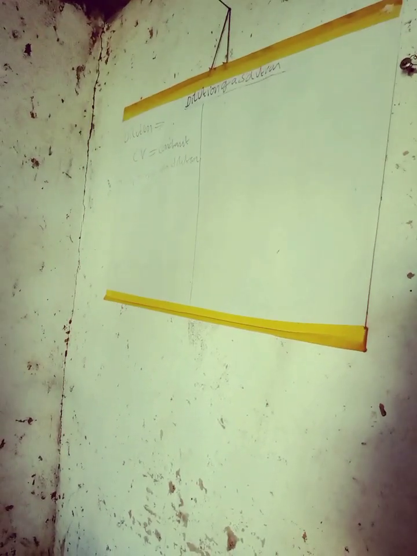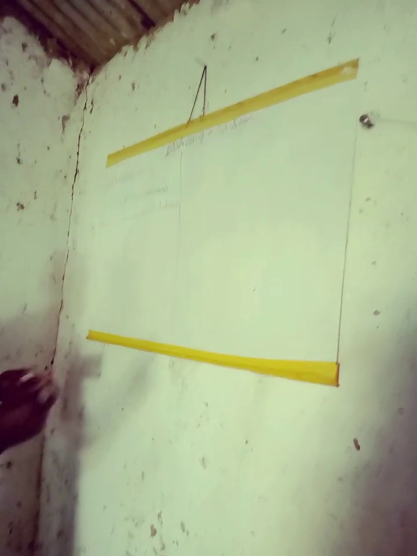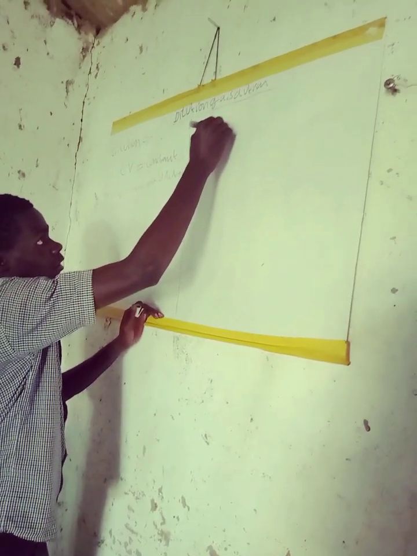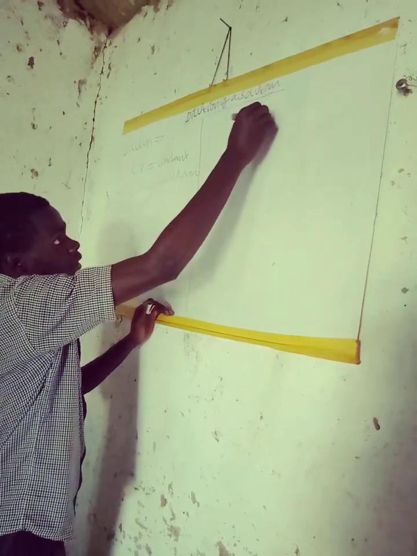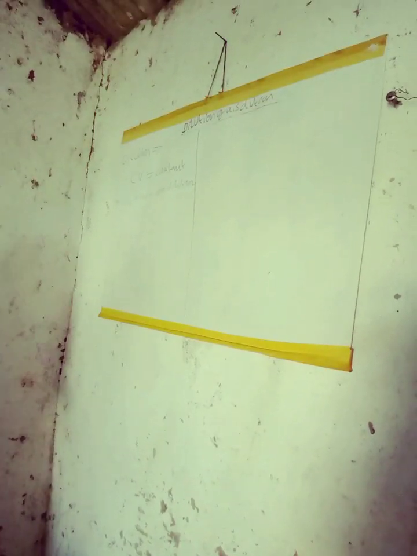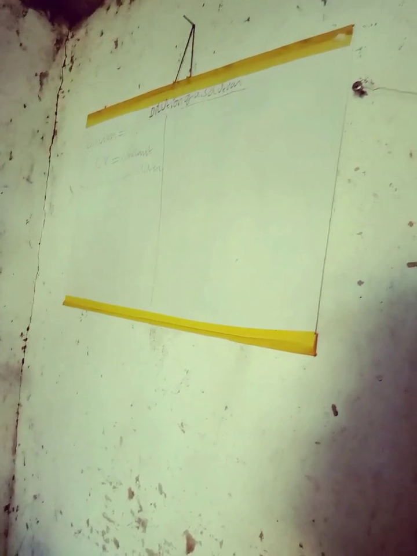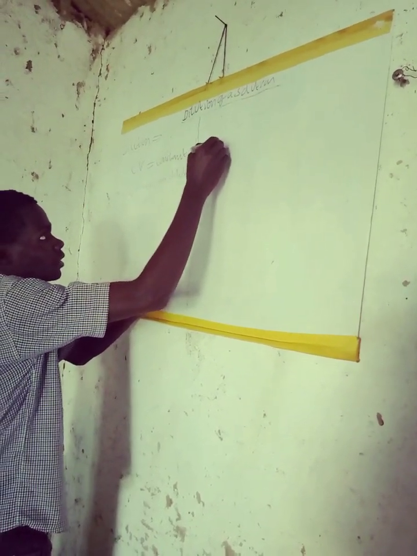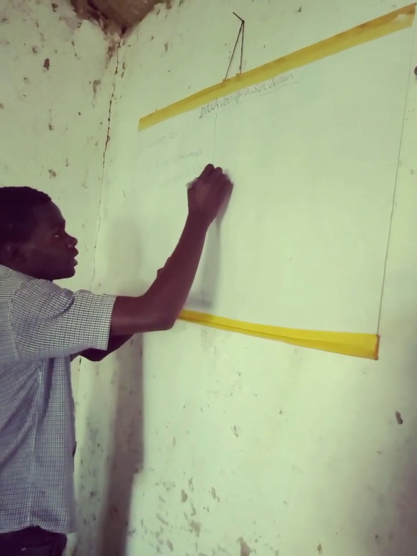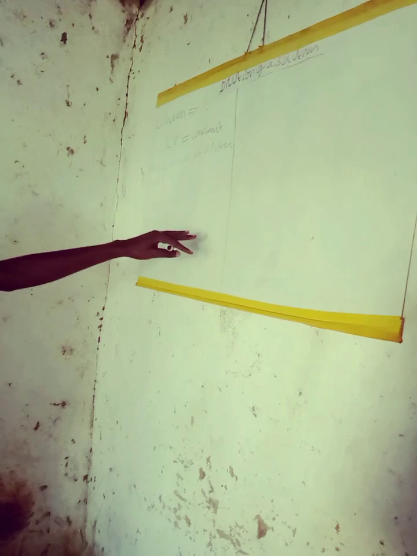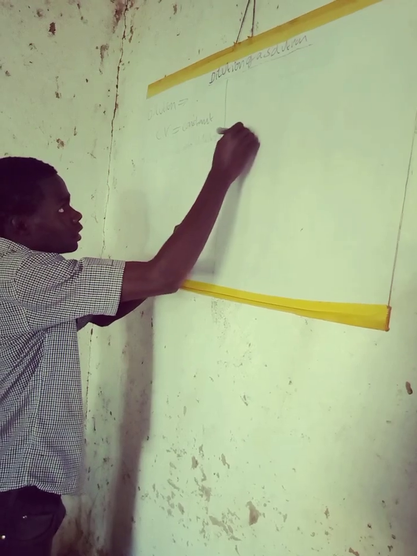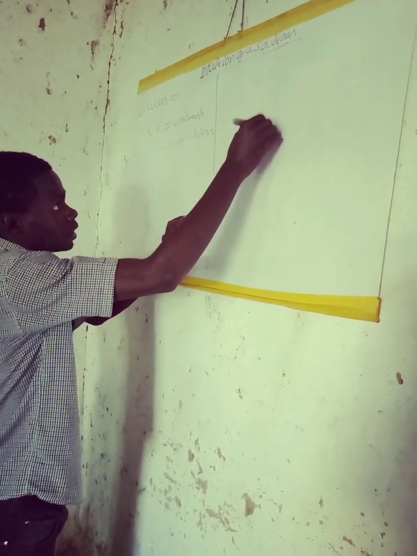Commercial HCl is 35% by mass. Then they say calculate its molarity given that at 25 degrees Celsius the density of the acid is 1.08 grams per centimeters cubed.